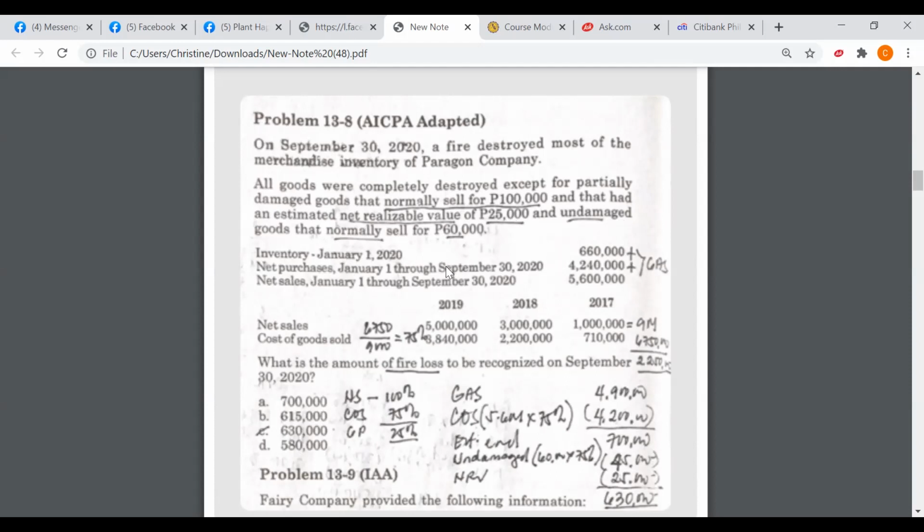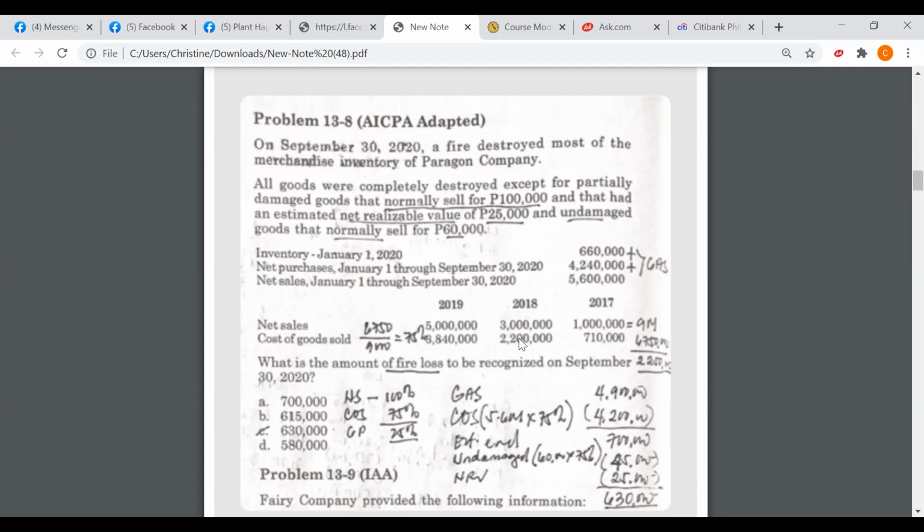Inventory in January plus your net purchases from January through September, that makes your GAS. Net sales from January to September, that's 5,600. You are given 3 consecutive years of your sales and COGS. When you look for the gross profit rate or your COS rate, check first if there is a trend in your gross profit or COGS.